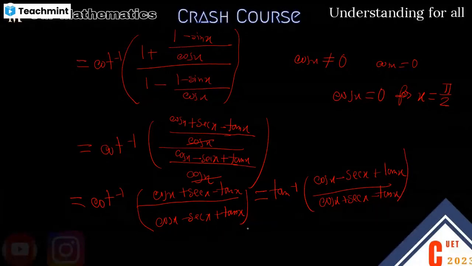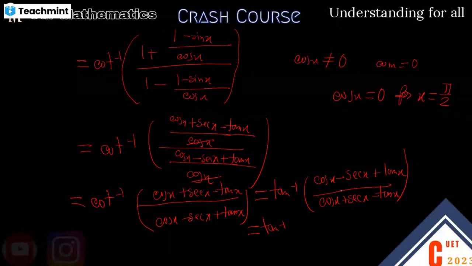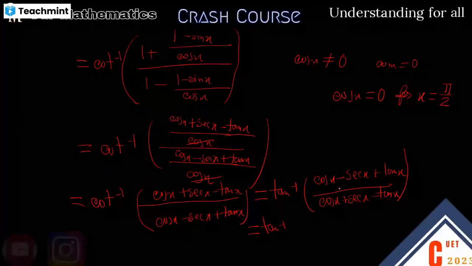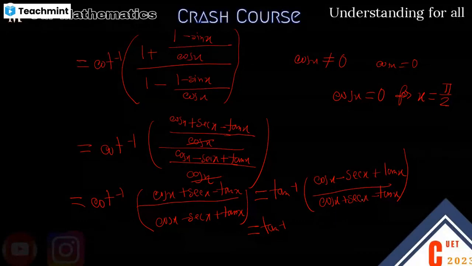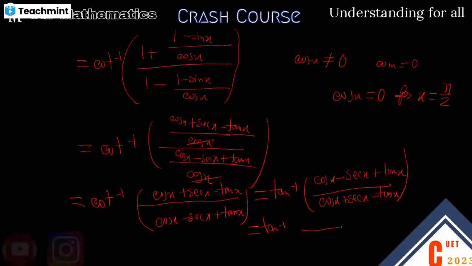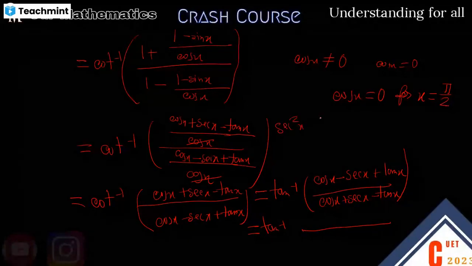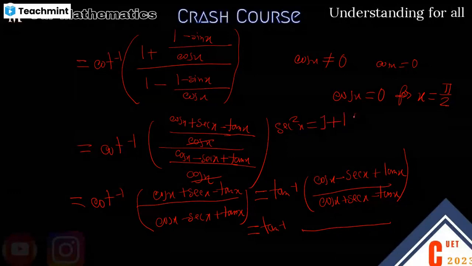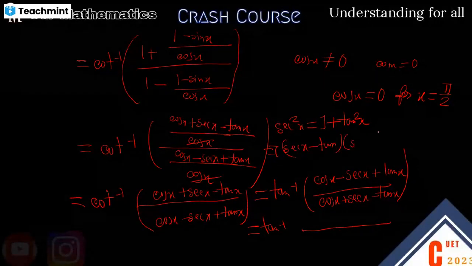Now what will we do? We'll multiply both sides, top and bottom. We have a formula here, right? sec square x is equal to 1 plus tan square x. That means (sec x minus tan x) into (sec x plus tan x) is equal to 1.